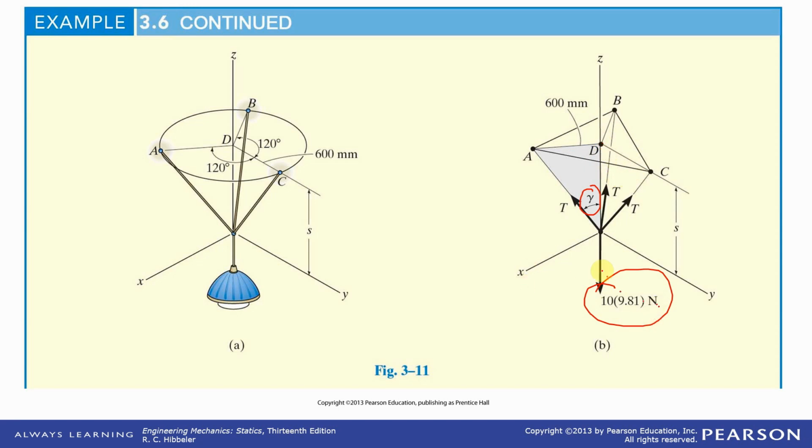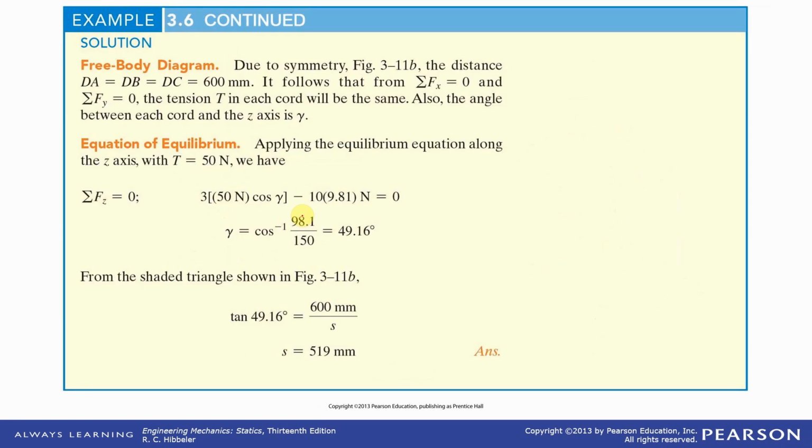The x and y plane forces are going to sum to 0. And once we've got this, we want to say, okay, T equals 50 newtons. And basically it's to find gamma, and then we can find S. There's S right there. Okay.